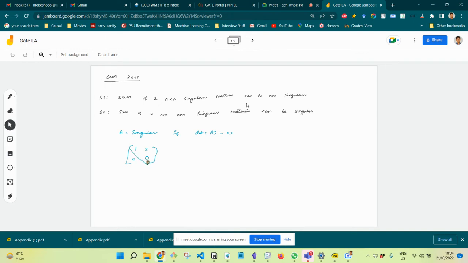This matrix A1 has determinant 0, and similarly let me take one more matrix A2 equals 0, 2, 0, 1. This is also an upper triangular matrix, and it also has determinant 0, because if I multiply 0 and 1, I get determinant 0. Now, one thing you should notice is that when you sum A1 and A2, the leading diagonal entries become all non-zero. That is why statement 1 is correct.